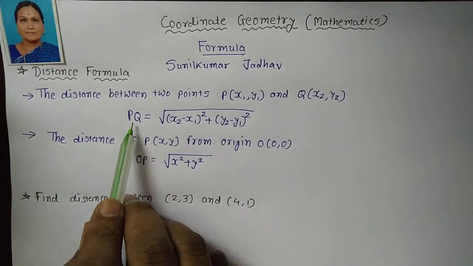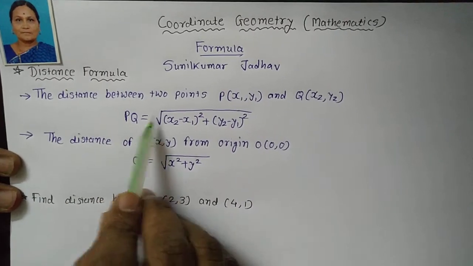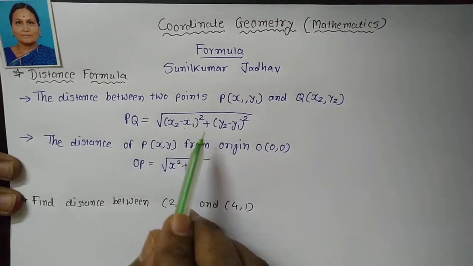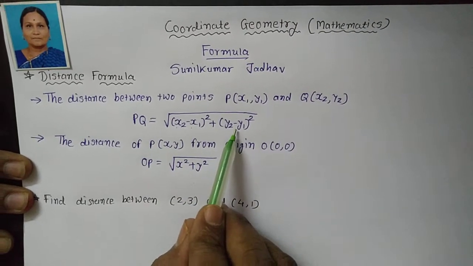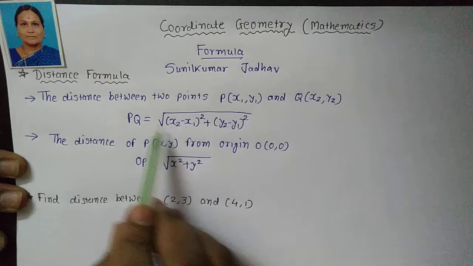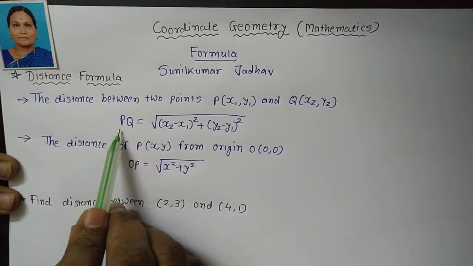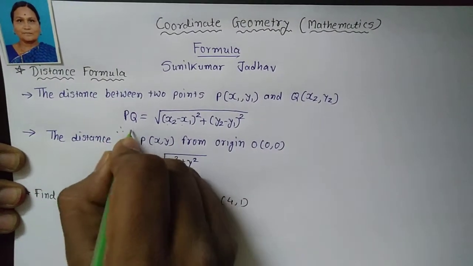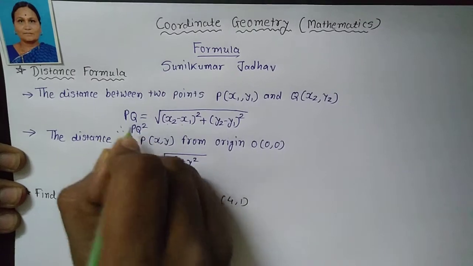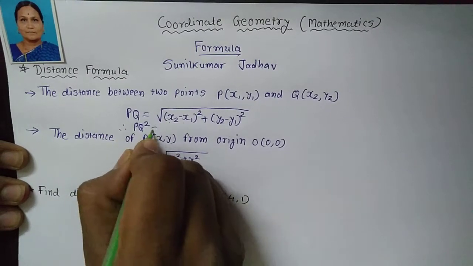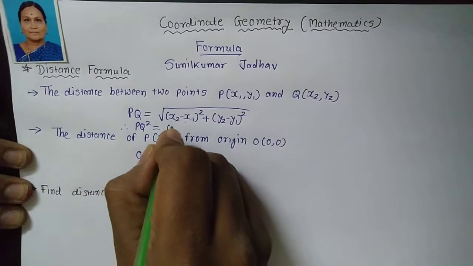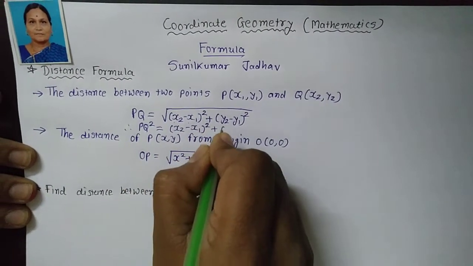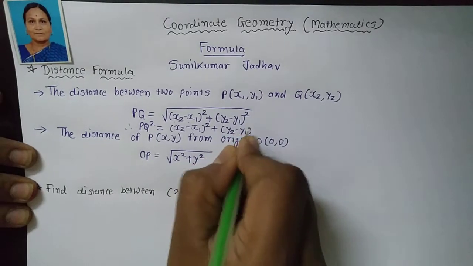The distance between these 2 points PQ is equal to the under root of (x2 minus x1) whole square plus (y2 minus y1) whole square. So by this formula you can find the distance between points P and Q. To make it simpler, we can square both sides: instead of PQ we write PQ square, then the square root is removed and we write (x2 minus x1) whole square plus (y2 minus y1) whole square.